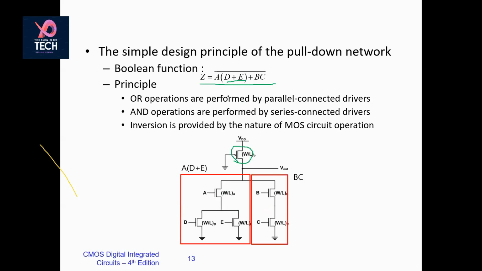So this arm is parallel to this arm because an OR operation is there. Now BC is again multiplication, so they need to be in series. This is just fundamental. Once again I am repeating, AND operation means series, OR operation means parallel in case of NMOS.